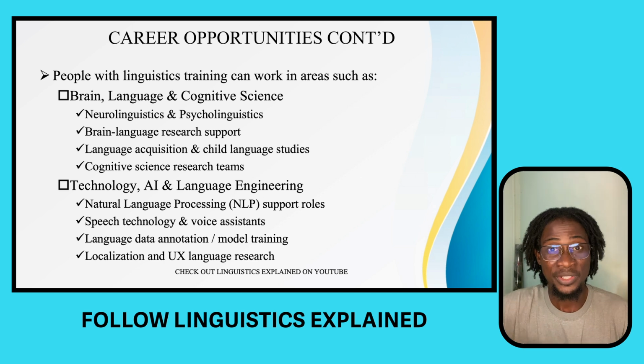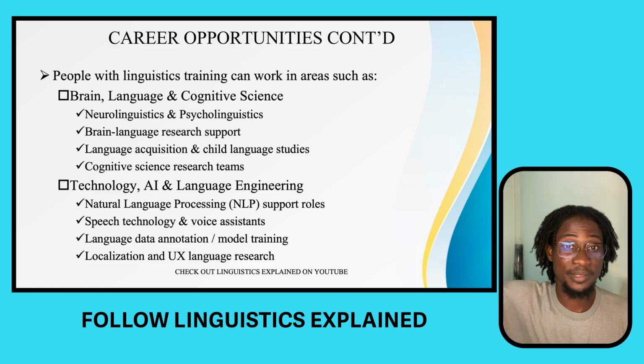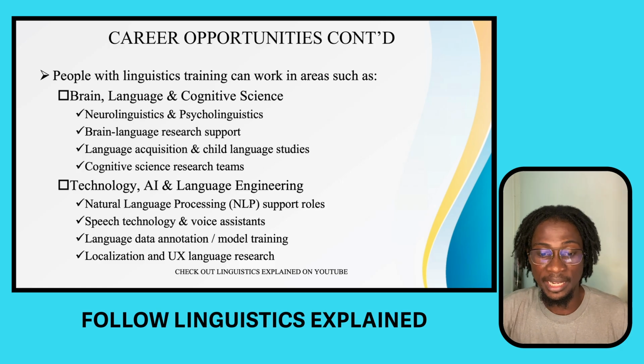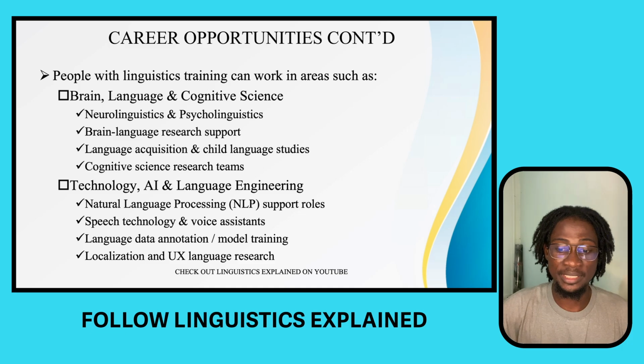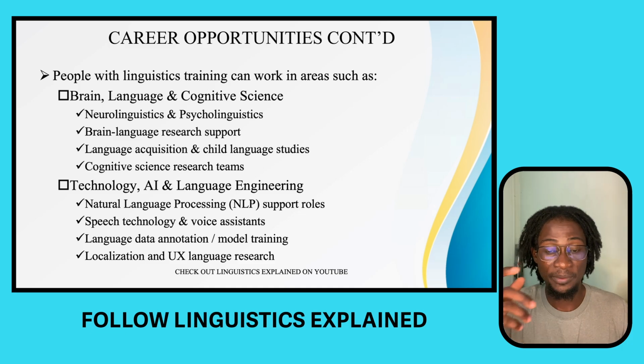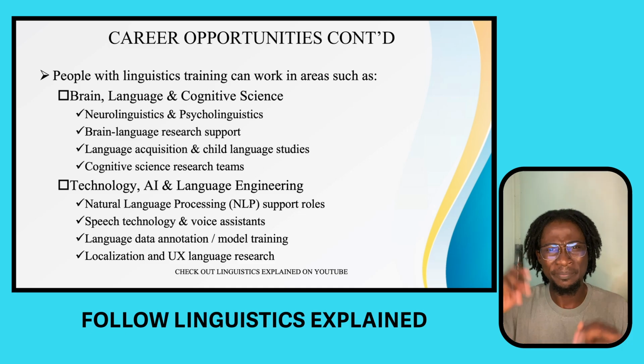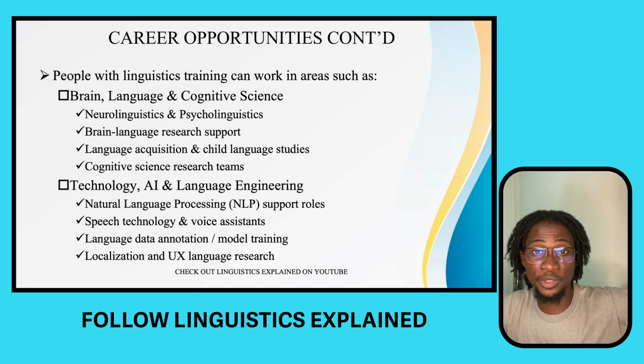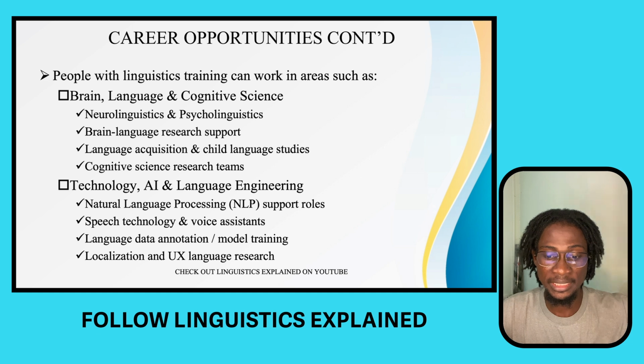There's also psycholinguistics, which is also, of course, brain related. So you can be a psychologist in the medical practicing field. There is also child language studies, language acquisition, all those things. So speech pathology, but basically something on that. There's cognitive sciences, where you can do something cognitively related.